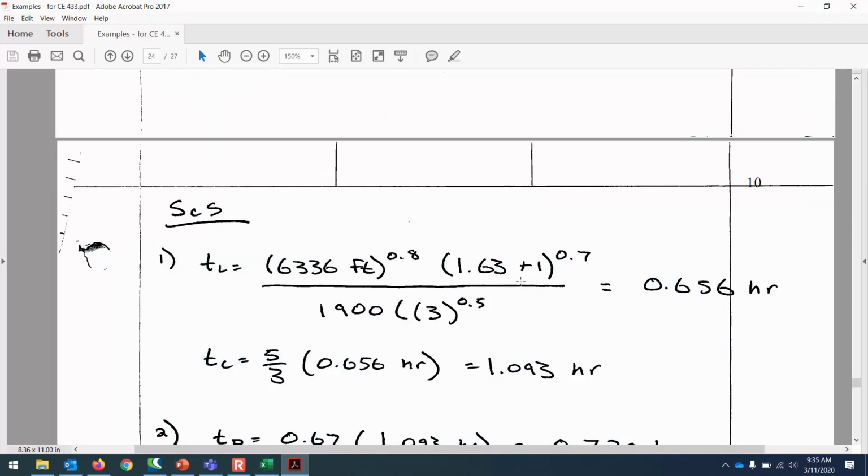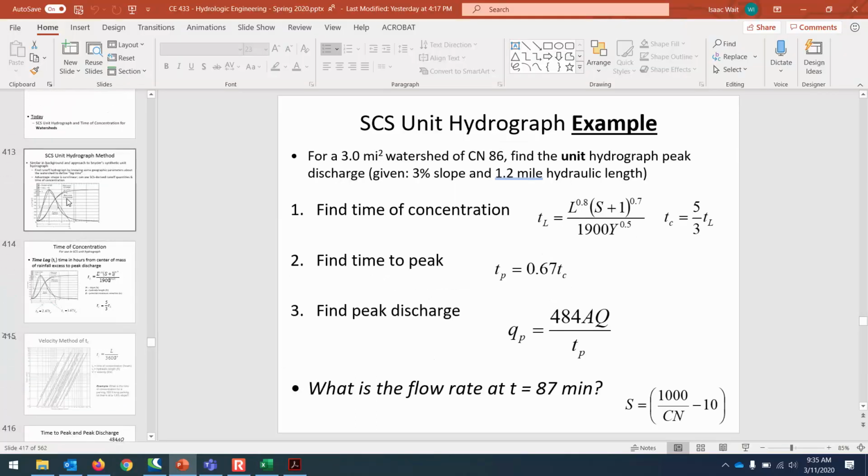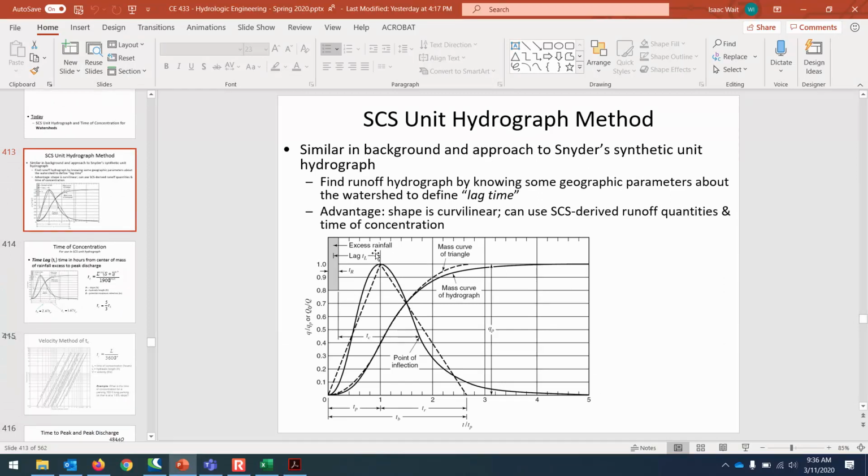Okay, so here's the lag time. Now, 0.656 hours means, if we go back to the figure, the amount of lag time between the middle of the storm duration and the peak itself.